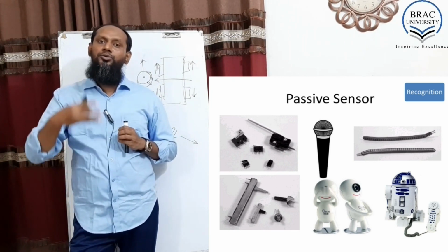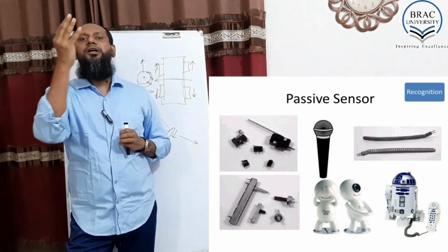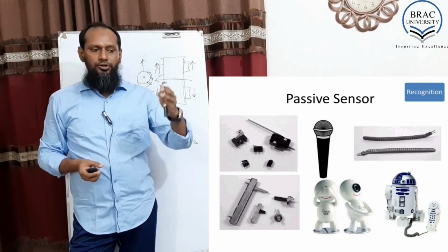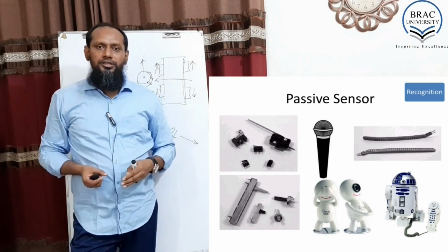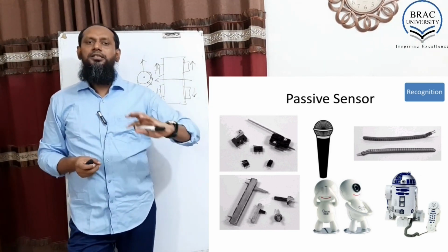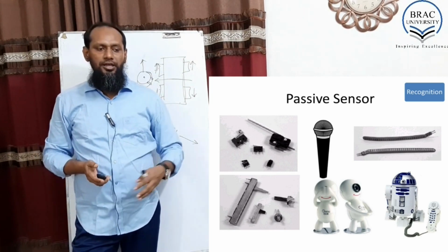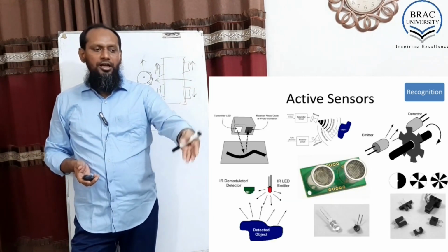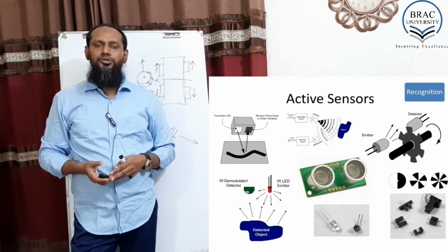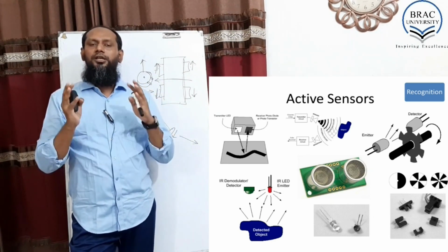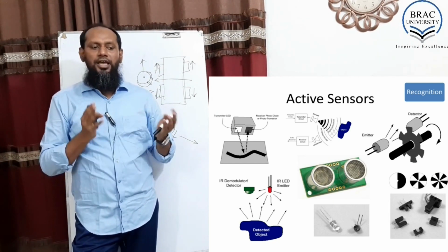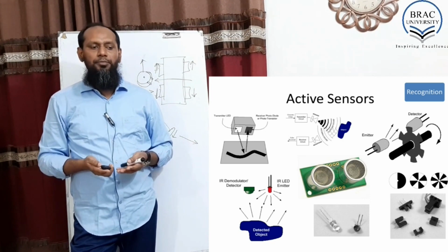But if you want to use this camera at night, then it will become an active sensor. Resistors, flex sensors or the potentiometer are all passive sensors. But sonar and infrared are called active sensors. So always the active sensors require an emitter. There are two types of sensors, active and passive.